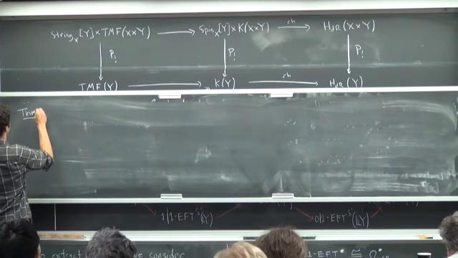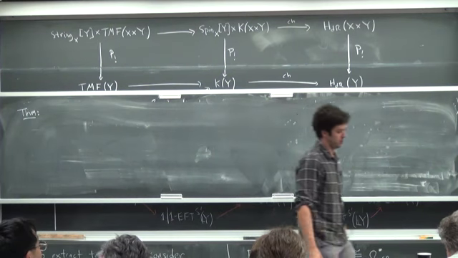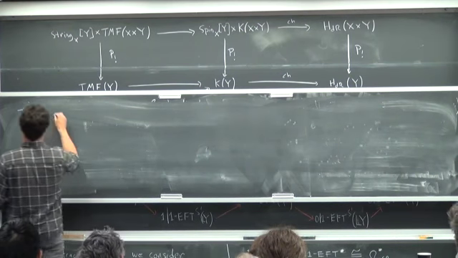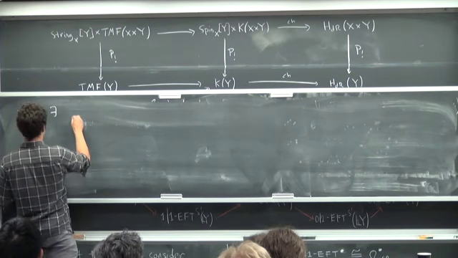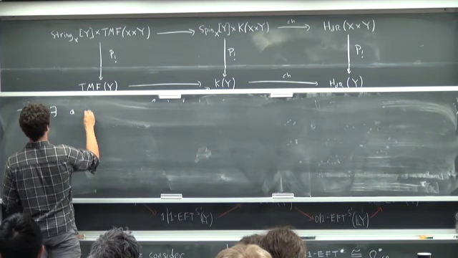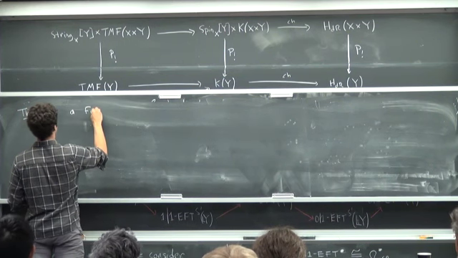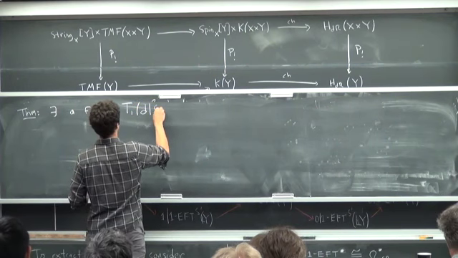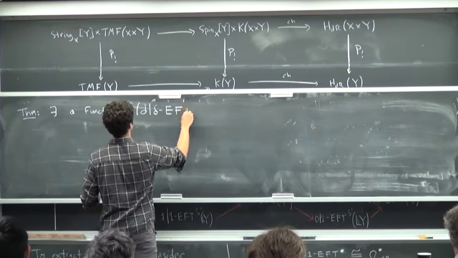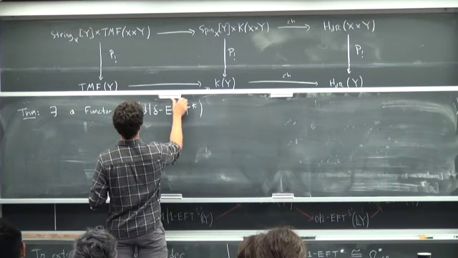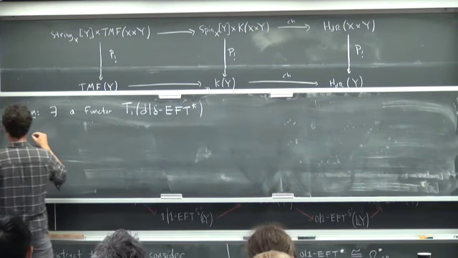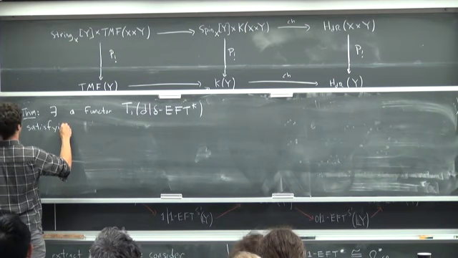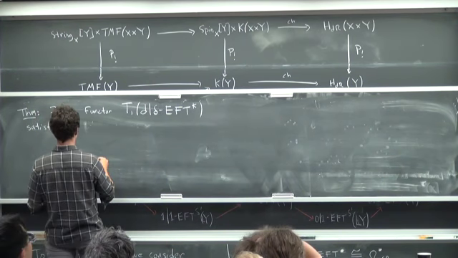Another theorem. So there exists a functor, a contravariant homotopy functor, I'll denote T1, of d delta Euclidean field theories, with this index k, satisfying the following.